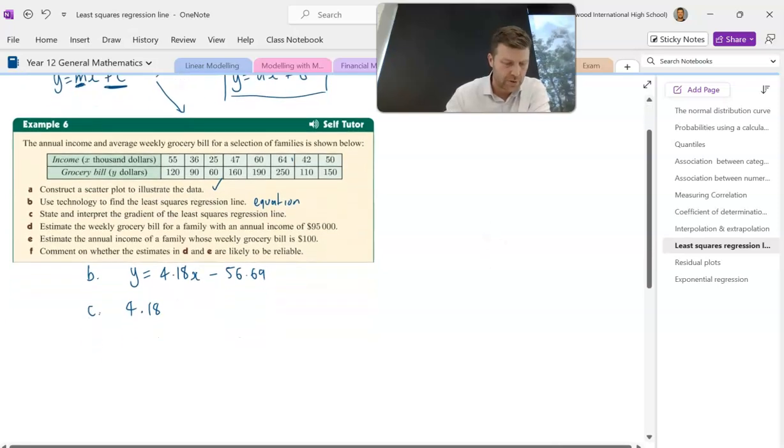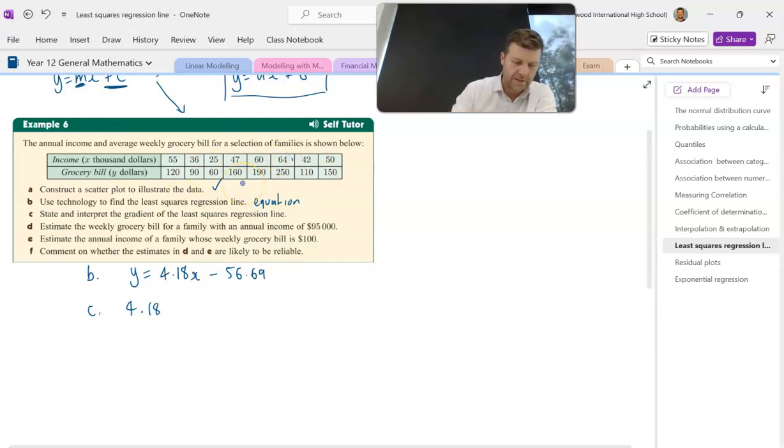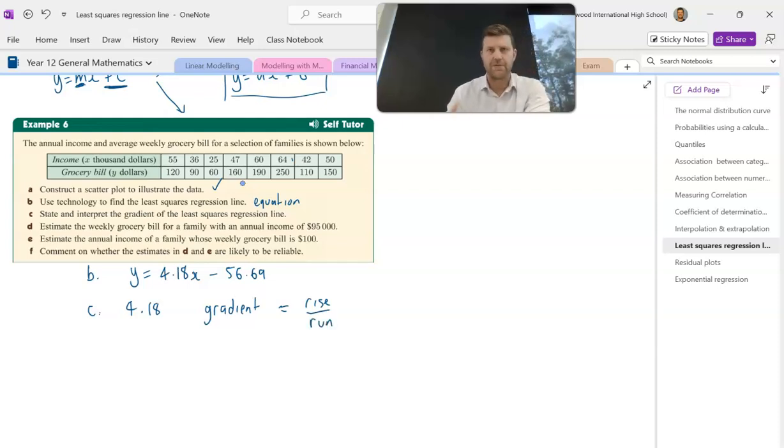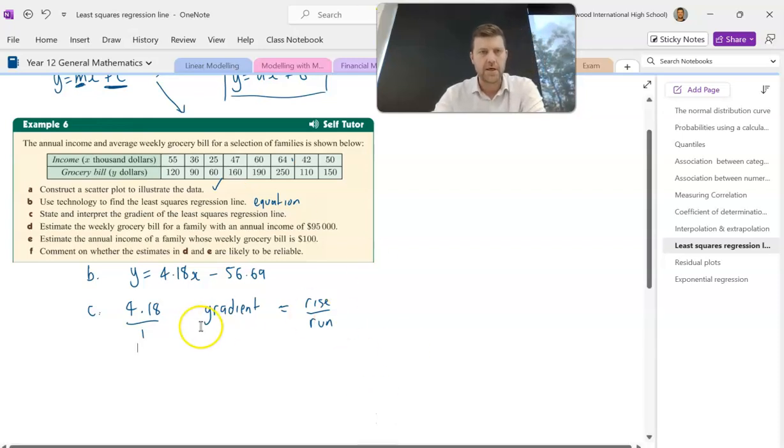It says to interpret the gradient of the least squares regression line. So what does it mean in terms of this problem? Now remember, gradient is usually given in the form of rise over run. Okay. And if there is no fraction, we assume that that is over 1. So here it is 4.18 over 1.